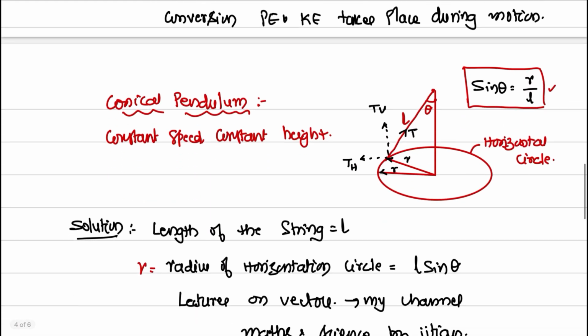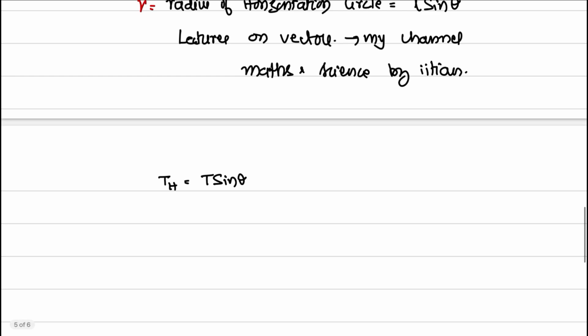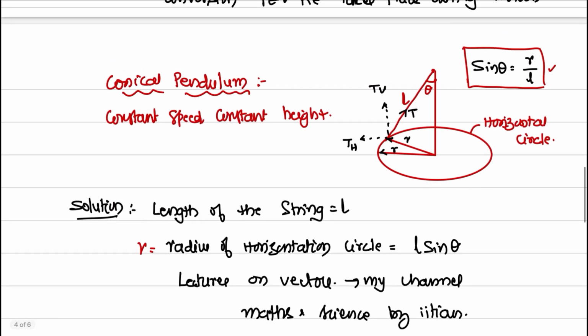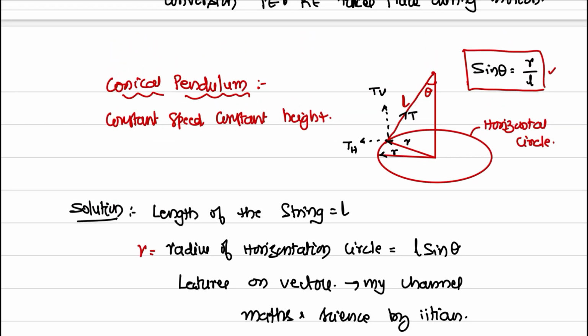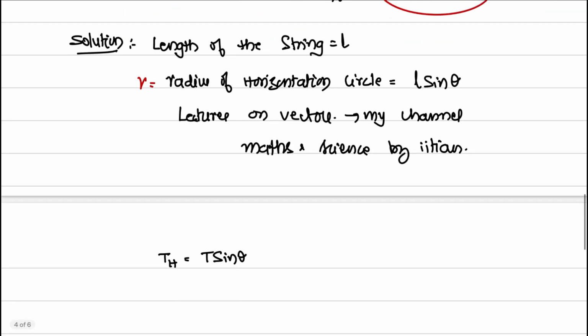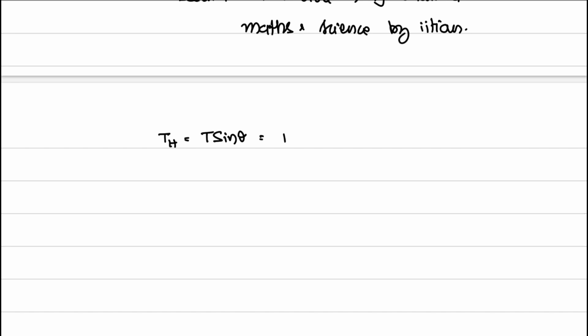The horizontal component of tension, TH, is equal to T into sin theta. This is T sin theta, and it is equal to the centripetal force for equilibrium to be maintained.